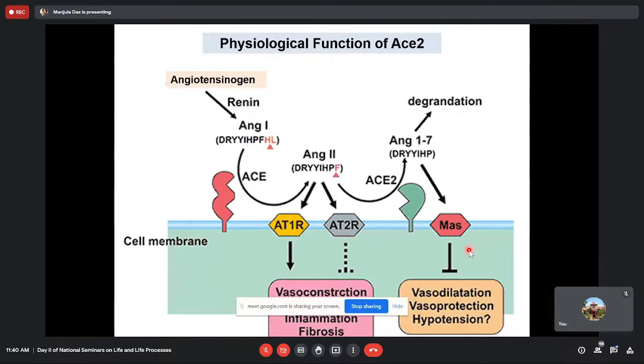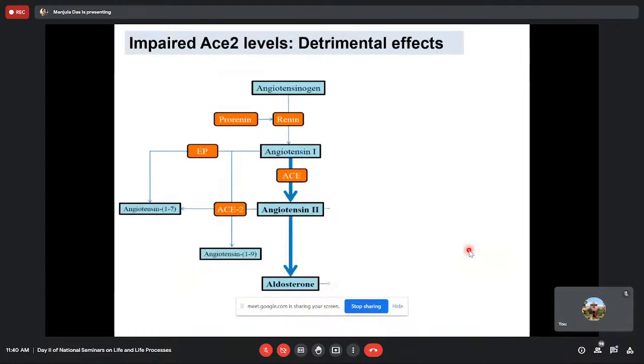Ang1-7 exerts vasodilatory and anti-proliferative effects, therefore counterbalancing Ang2. To summarize, ACE2 has a very active role in the proper balance of normal human physiology.